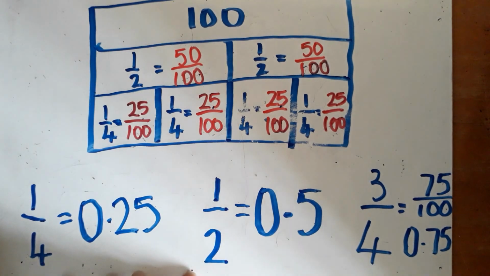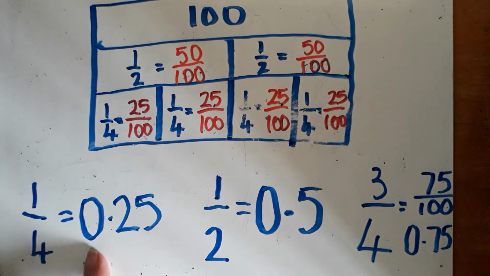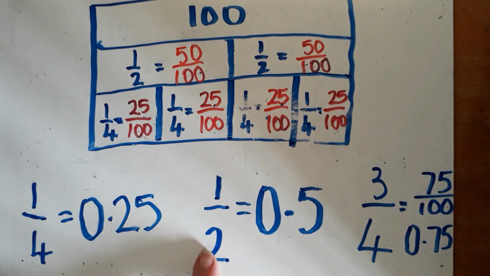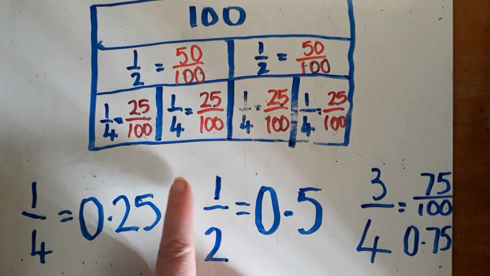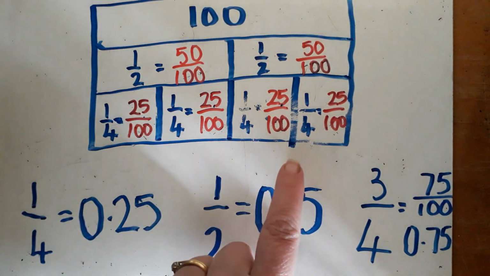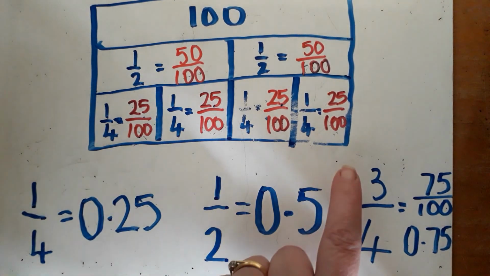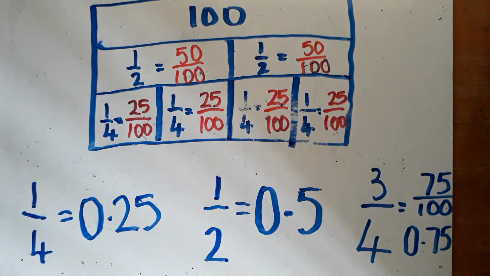All right, so you need to know these fraction decimal equivalents. You actually just need to learn them. But hopefully by looking at the bar model, you should be able to see where they've come from as well.